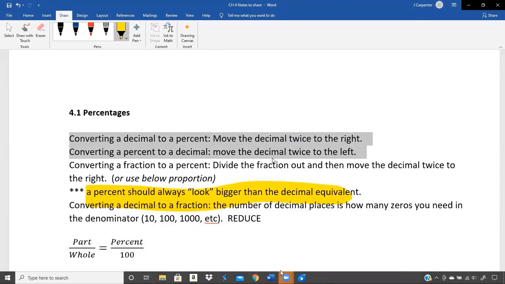So that way, if you have something like 0.75 as a decimal, when you convert it, it's either going to be 0.0075 or it would just be 75 as a percent. And you go, was it supposed to be 75% or 0.0075%? Well, Mr. Beckner said the percent number should look bigger, so it's definitely the 75% then. That would be a great way to remember things. It's worked for me for a long, long time.